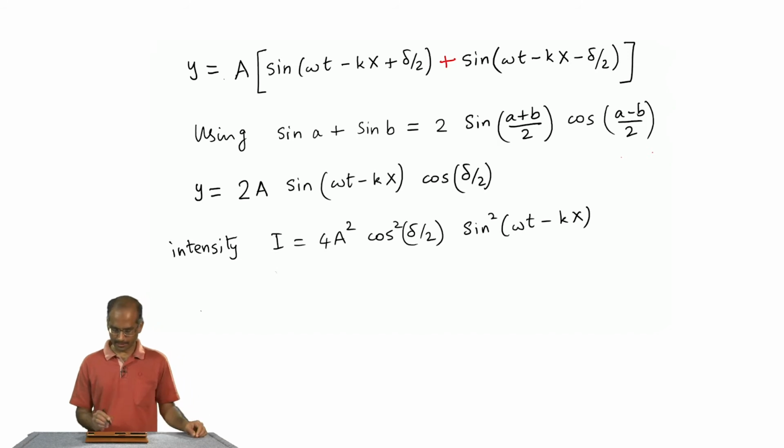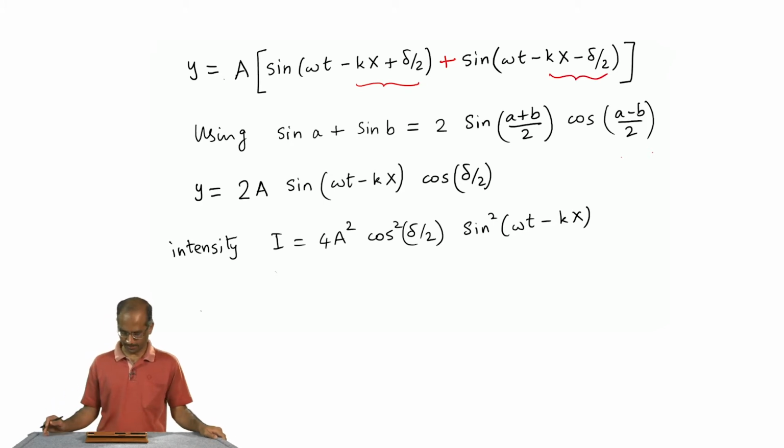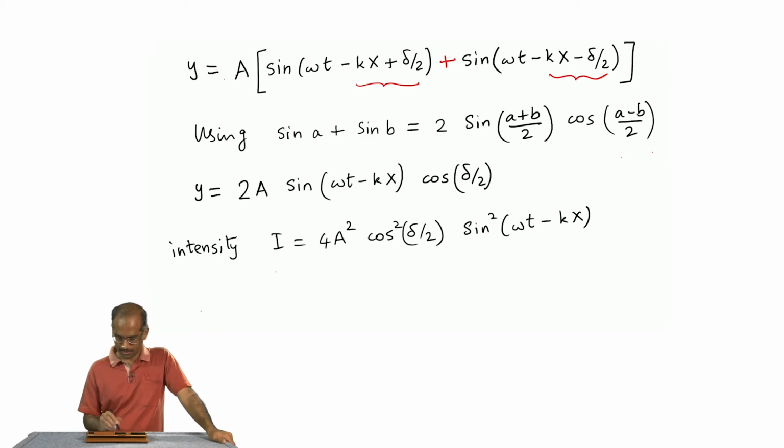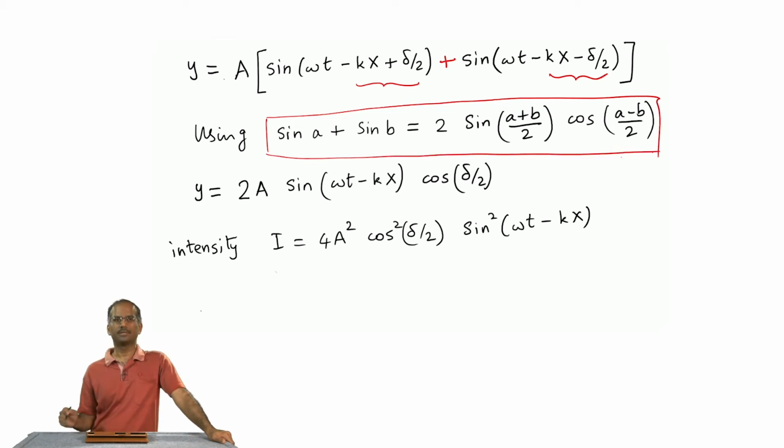Now, I substitute for kx1 and kx2. I have already done that. You can see that kx1 here has been replaced in terms of X and delta, and similarly kx2 has also been replaced. And now, what I have is like a sin A plus sin B relation. So, all I need to do is to use this standard trigonometric identity and write it as a product of sine and cosine.